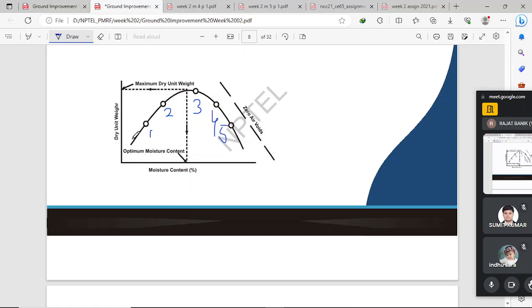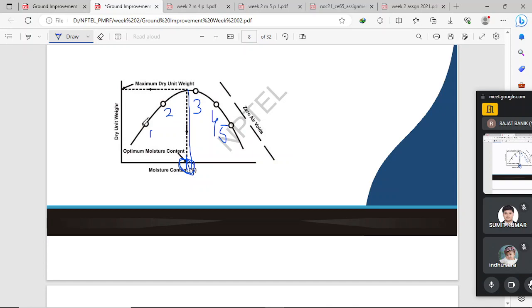After plotting all these points, we get a best fitted curve, where we see one point at which we get the maximum dry density of the soil, and the corresponding moisture content is nothing but the optimum moisture content.